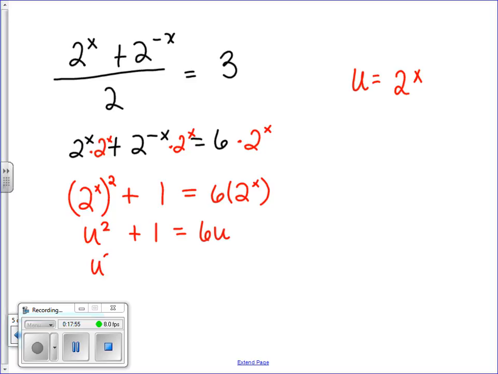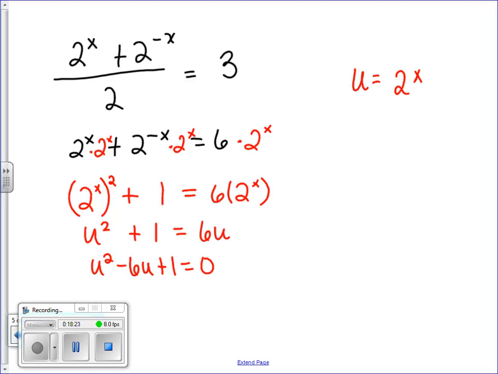We've got u squared minus 6u plus 1 equals 0. I'm sure everyone can think of two numbers that will multiply to equal 1, but add to be... Wait a minute. No. Backwards. Yeah, use quadratic formula, because there are no numbers that multiply to equal 1 and add to be anything except 2.